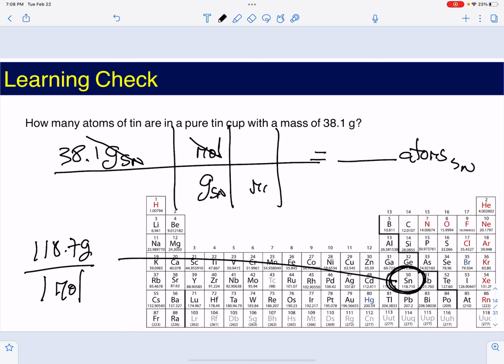I do not want the moles because I'm looking for the atoms, right? 1 mole of tin equals 118.7 grams, and 1 mole of anything equals 6.02 times 10 to the 23rd, Avogadro's number. So all you have to do is 38.1 multiplied by 1 over 118.7 grams, multiplied by Avogadro's number over 1 mole. And that allows you to go all the way from grams to the number of atoms.